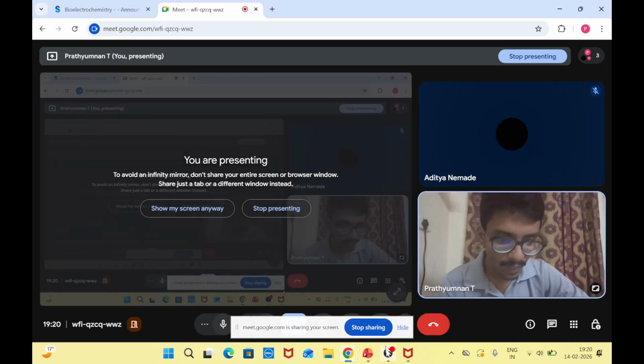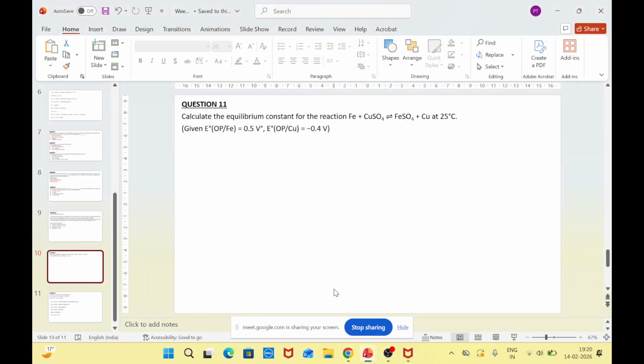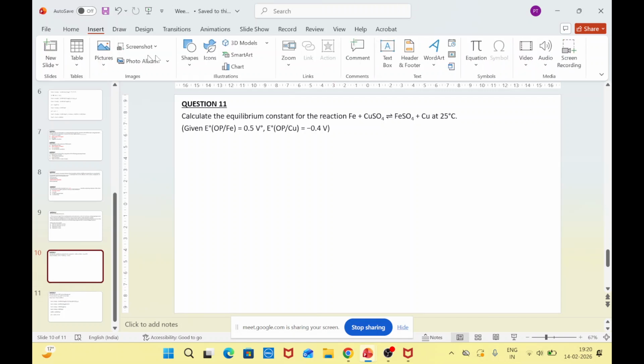Any idea on how to solve this question? It's simple. You just need to know which one is cathode and which one is anode. Once you know that, E cathode minus E anode will be E naught of the cell. Since at equilibrium E equals 0, you need to take this to the other side and then just do the math. So anyway, let me just solve this.